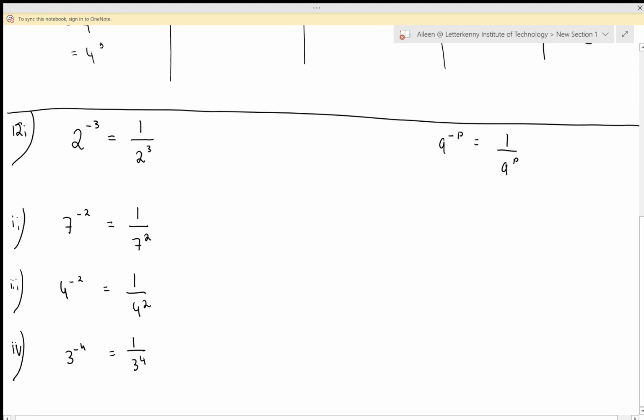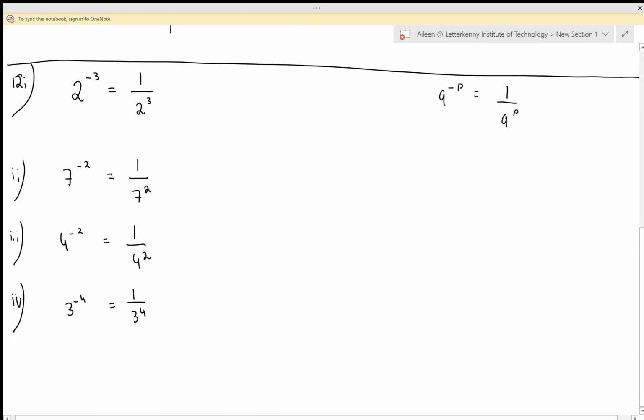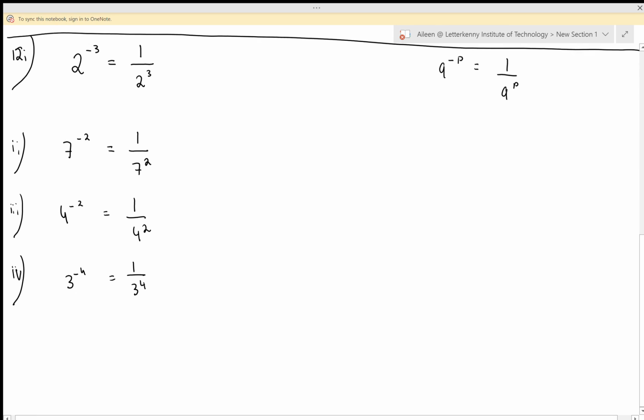Okay, so the only thing you're doing here, you are putting your base in the denominator and changing the sign in your exponent value. So let's look at the harder ones.